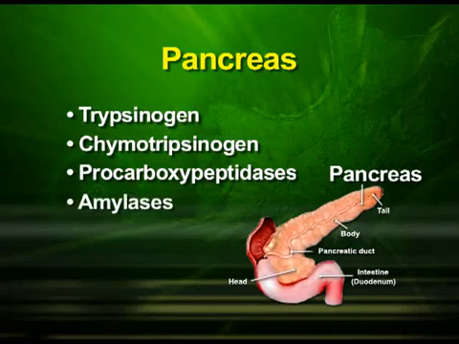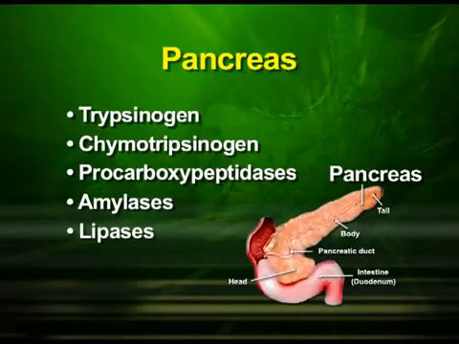Coming to trypsin again, which is the active form of trypsinogen, it will of course act on proteins. The amylases, you already know about salivary amylase, and now you know about pancreatic amylase. It will act on starch and will convert it into carbohydrate. Lipases, as the name indicates, lipids. Lipases will act on lipids or on fats.